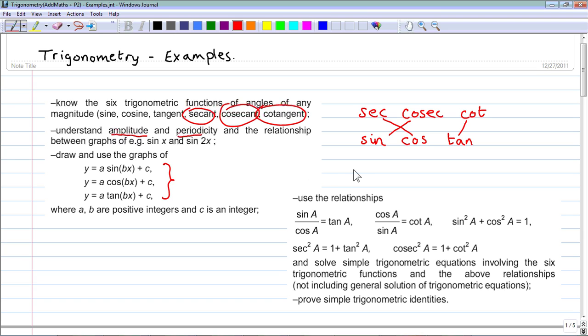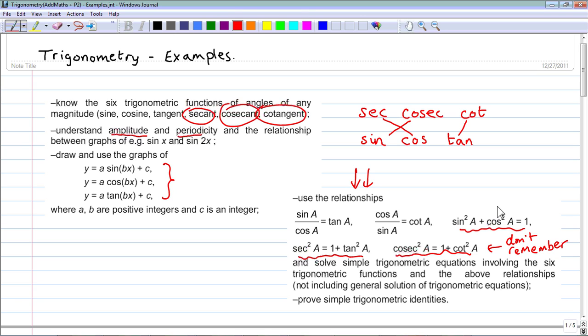Then the other part of the syllabus, this part here, is just talking about some simple definitions and formulas. We all know this formula, and it follows from this formula that we can get this formula and this formula. And you don't need to try and remember these formulas, because they're on the formula sheet and they're very obvious anyway.